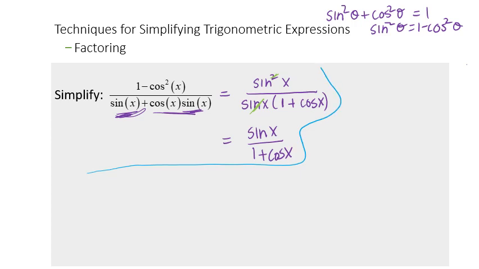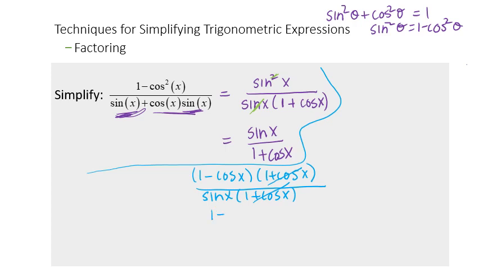So if I looked at this and saw the 1 minus cosine squared on the top, that factors into 1 minus cosine times 1 plus cosine. Oops, I keep on wanting to use those thetas. And then again on the bottom, I can factor that sine out. So when I do that, those cancel each other out, and I'm left with 1 minus cosine of x all over sine of x.